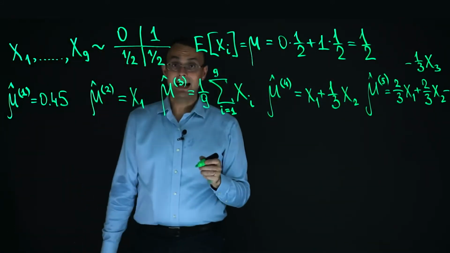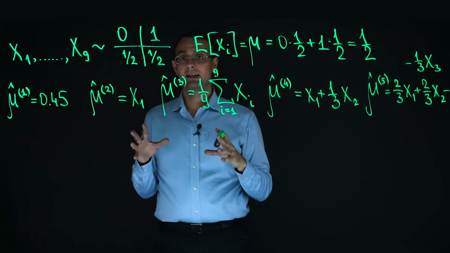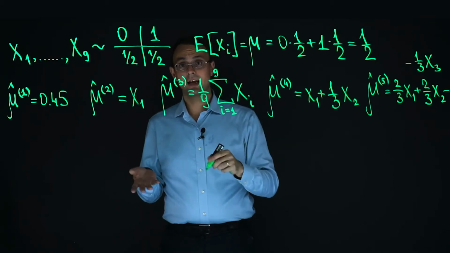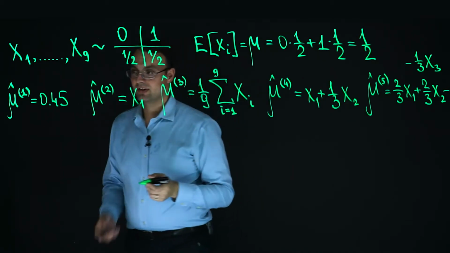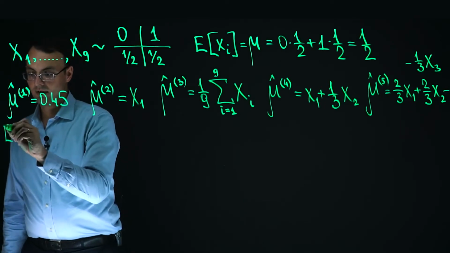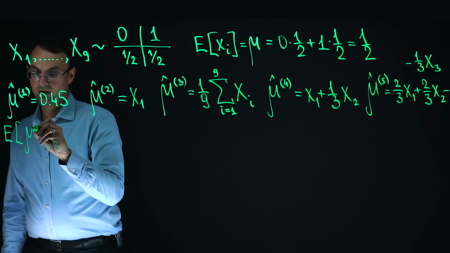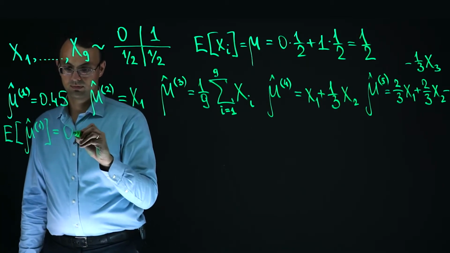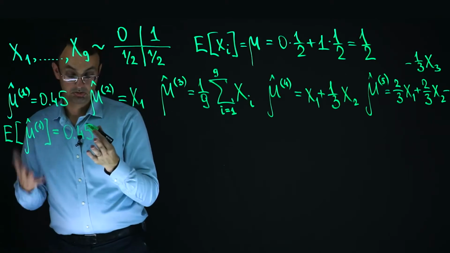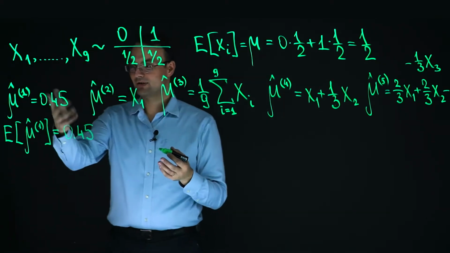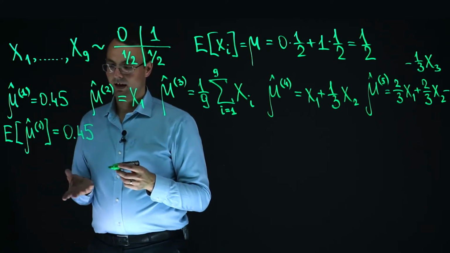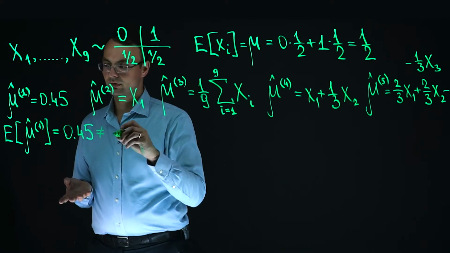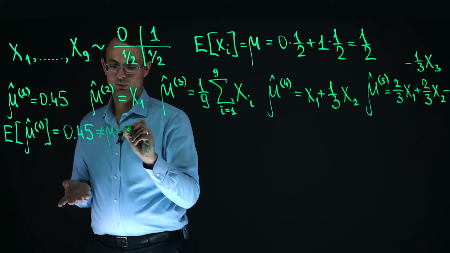The bias of an estimator is the difference between its expected value and the parameter that is estimated. So E of mu hat 1 is just 0.45, as mu hat 1 is non-random. So it is not equal to mu, that is 1/2.